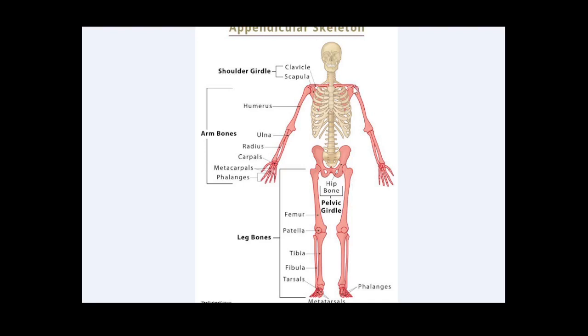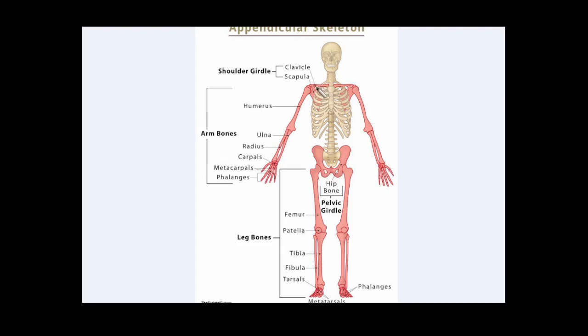If you look closely, this part here that forms the limbs, the upper arm, is colored in pink, and those are the parts that are in the appendicular skeleton.